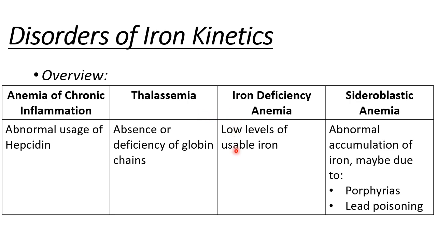Iron deficiency anemia naman dito, yung true or talagang mababa yung levels ng iron in the serum. In contrast with the first two, walang problema yung iron levels. But halimbawa dito sa ACI, ang problema talaga is hepcidin, hindi yung mababang levels of iron. And in thalassemia as well, hindi mababa ang levels ng iron mo dito.